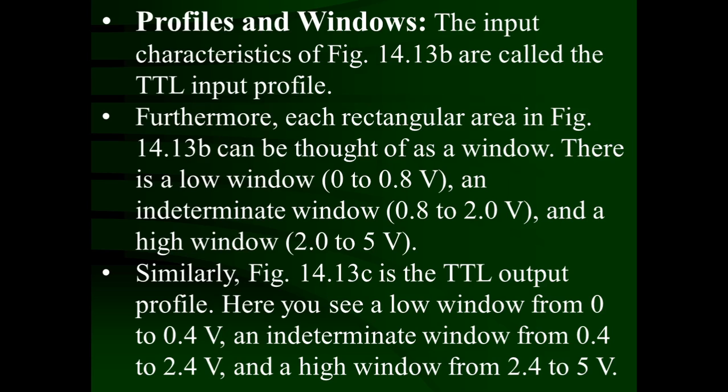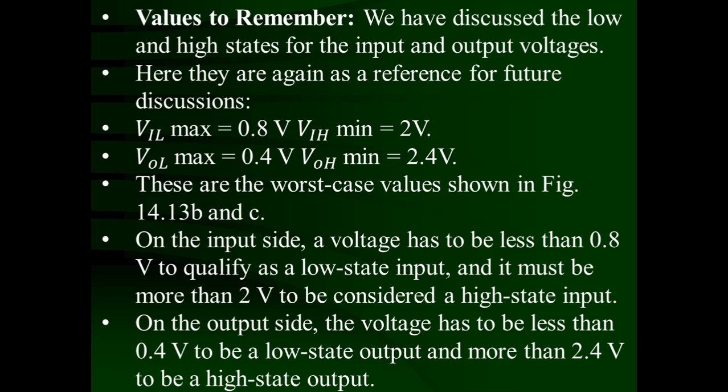Similarly, figure 14.13c is the TTL output profile. Here you see a low window from 0 to 0.4 volt, an indeterminate window from 0.4 volt to 2.4 volt, and a high window from 2.4 volt to 5 volt.